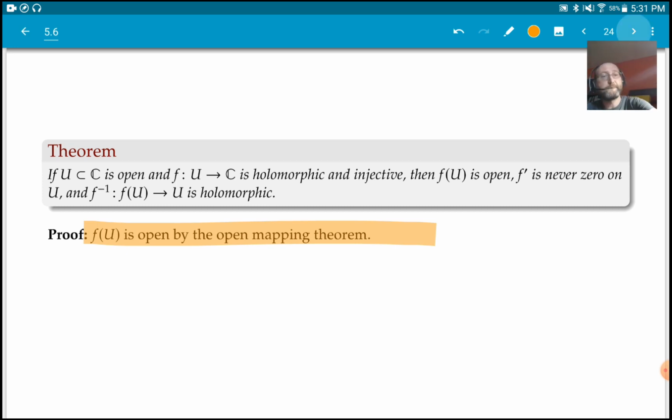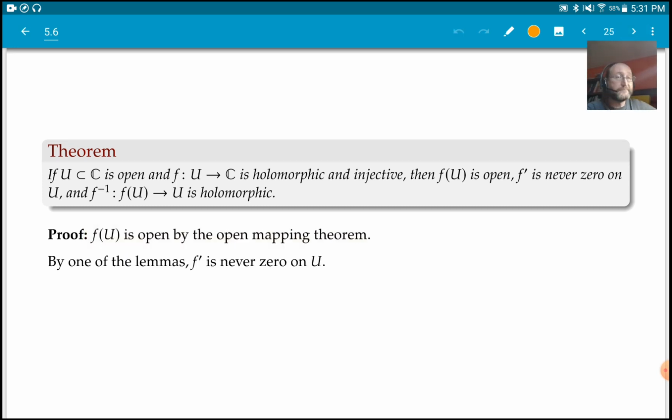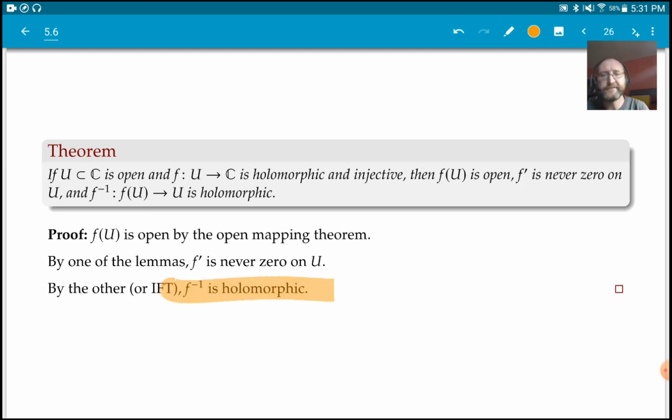And by the first lemma that we proved, f prime is never zero on U. So we've done this, and by the other lemma or by the inverse function theorem, f inverse is holomorphic. So there we go.